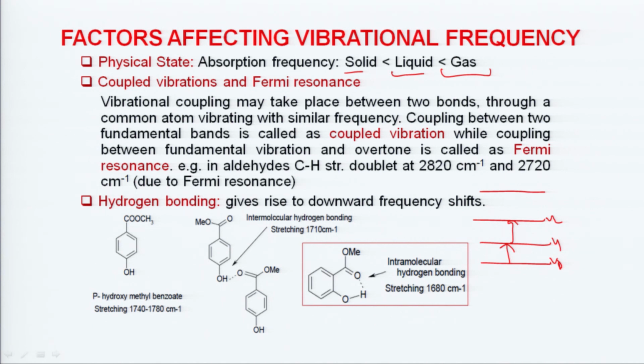Now, if a vibrational change skips the next level and goes directly to a higher one, that is called an overtone. So fundamental vibration is delta V plus or minus 1, while overtone is not plus or minus 1.